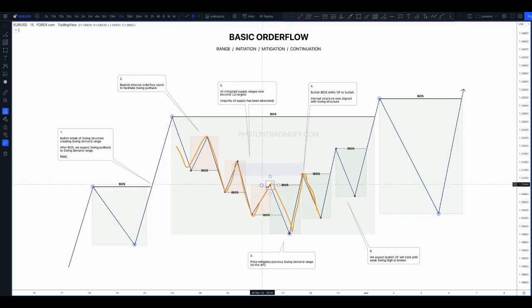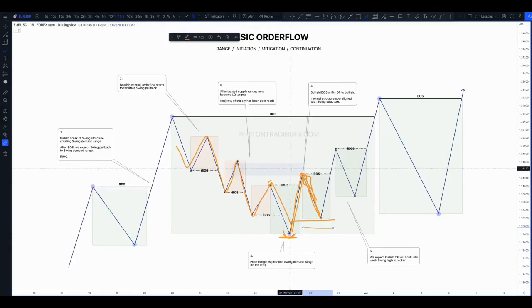But you have to understand that if the internal structure is bullish, if the order flow is now bullish, the internal order flow, especially when it's aligned with the overall bullish swing, if you're shorting from this supply, your expectation of how far that bearish move is going to go is just to facilitate that bearish internal pullback, right? We are not expecting this low to go, because this is now a strong internal low. Why is this a strong internal low? Well, because it took out the high, and now we expect this to be just a pullback to mitigate some demand within here.